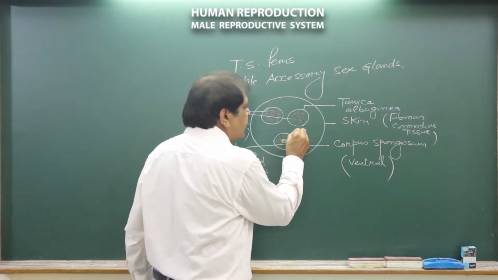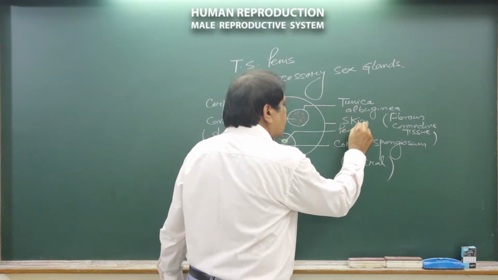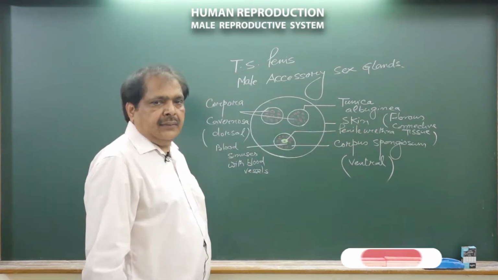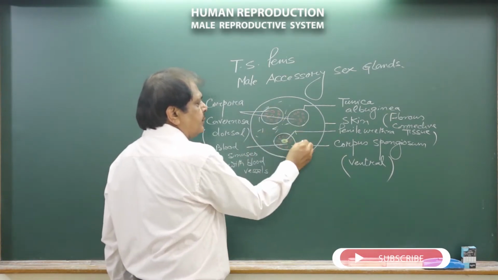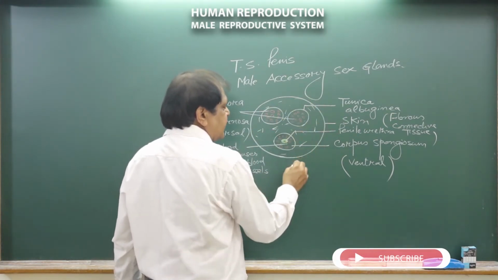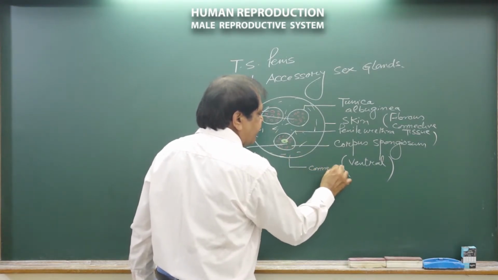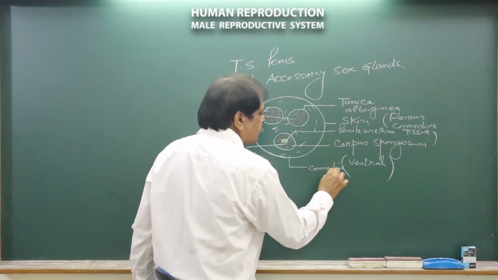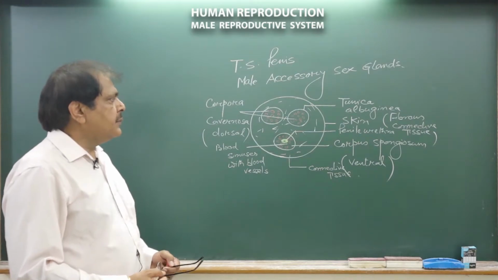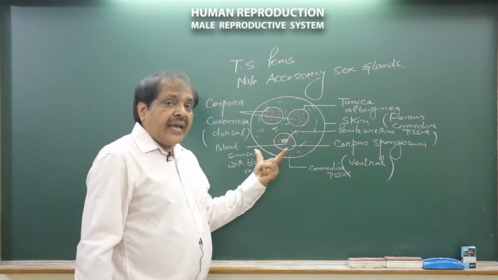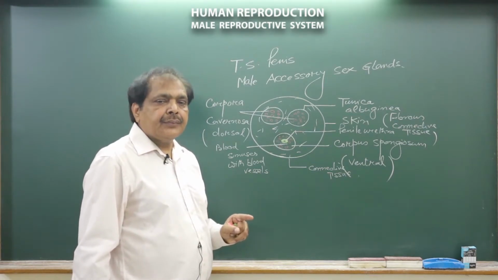Here there is the connective tissue. Again, there are two types of erectile tissue, total 3 erectile tissues.